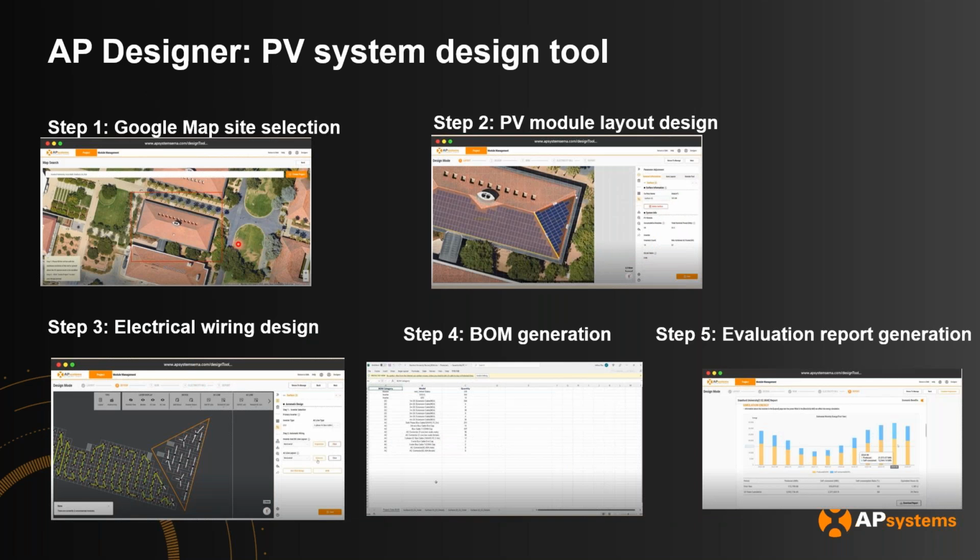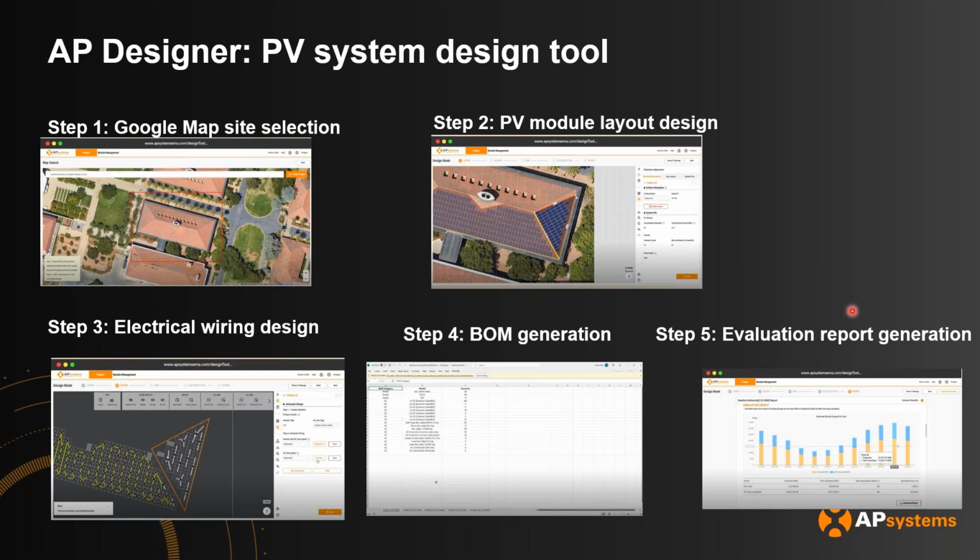So the steps are basically you pick the location, put in your modules, do the wiring, and it generates a BOM for you. And if you provide additional information, it can let you know production values or expected production values based off of the angles and things like that. Okay, cool. So that's the AP Designer tool.